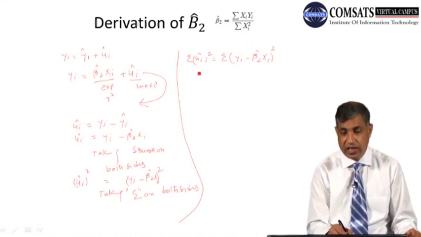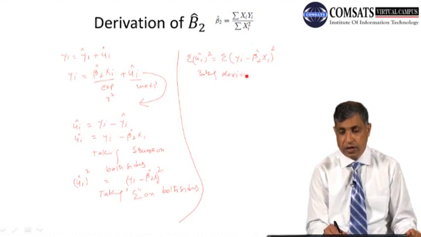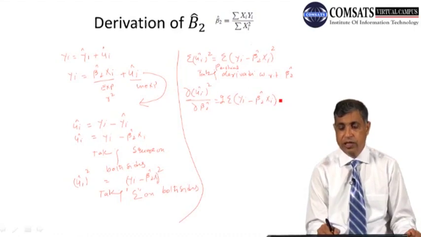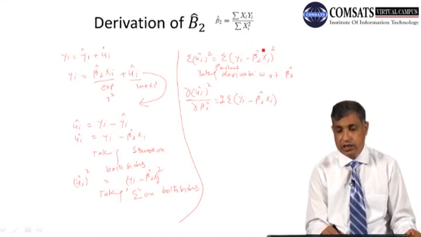So, taking the first partial derivative with respect to beta 2 hat, the partial derivative of summation ui hat square is equal to, the power will come here, 2 summation yi minus beta 2 hat xi, multiplied by the derivative of the bracket, which is minus xi.